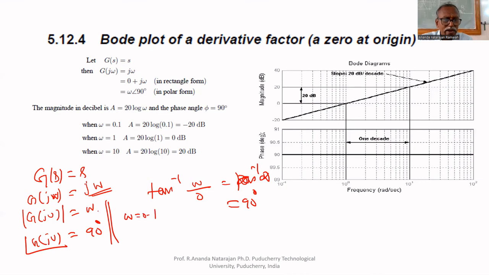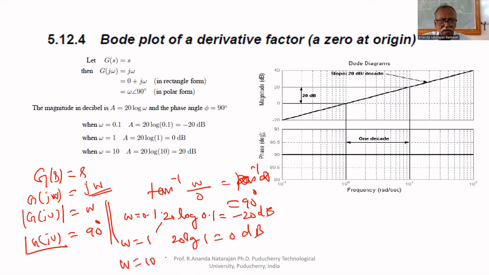What will happen if omega equal to 0.1? If we substitute, 20 log 0.1, which is 10 power minus 1, gives minus 20 dB. When omega equal to 1, 20 log 1 equal to 0 dB. When omega equal to 10, 20 log 10 equal to 20 dB.